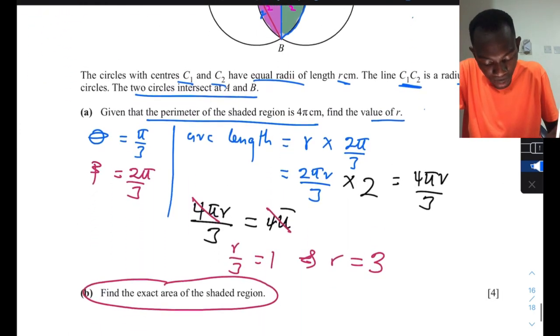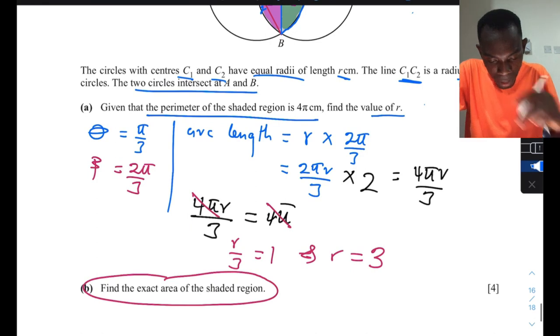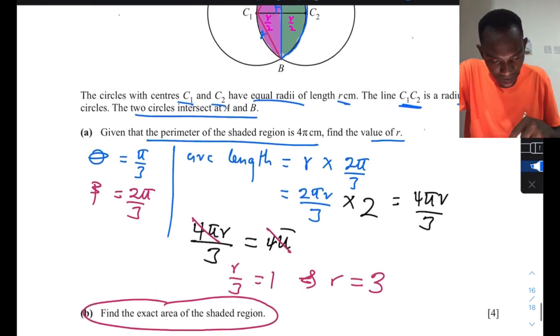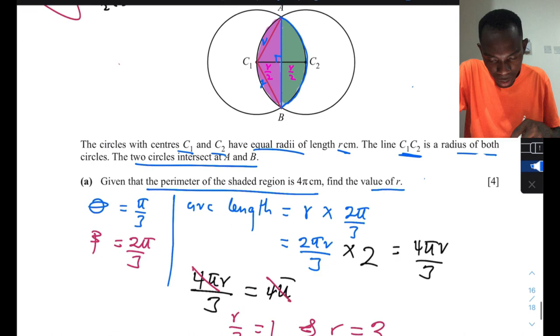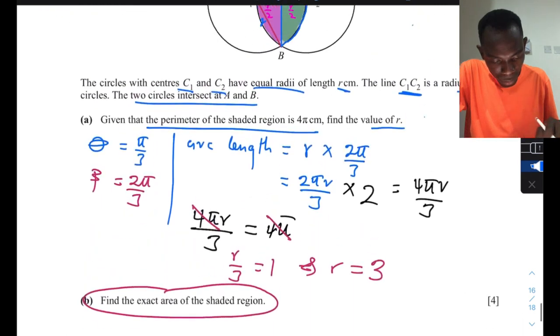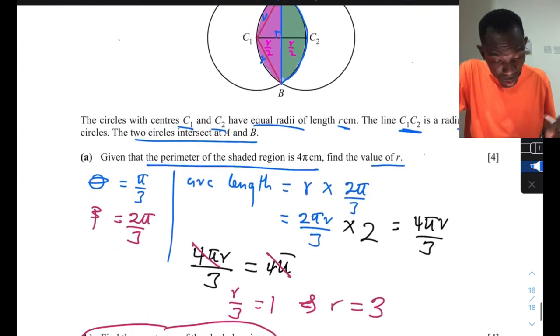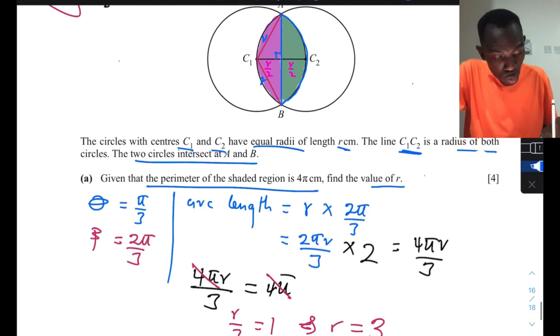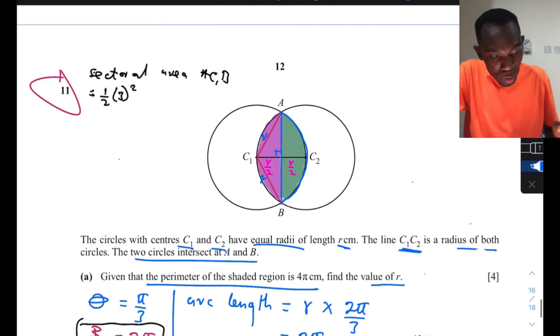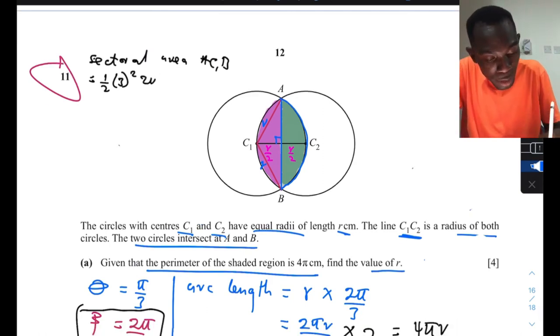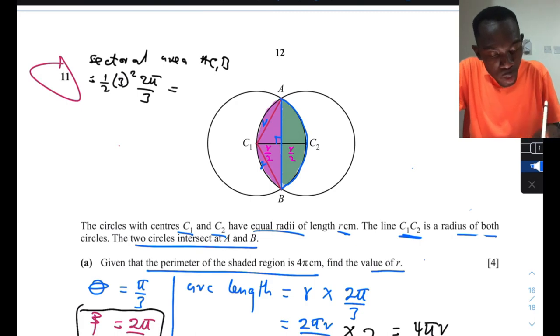But what is theta? Have we found theta? Not yet, but I think we did. Hold on. Oh, good. I said that theta, our beta, is 2 pi on 3. Good. So that is 2 pi on 3.